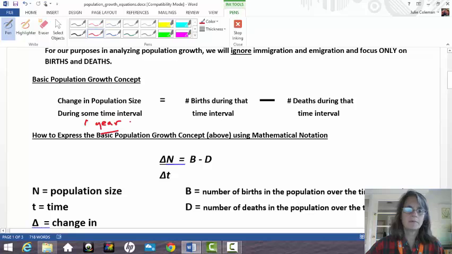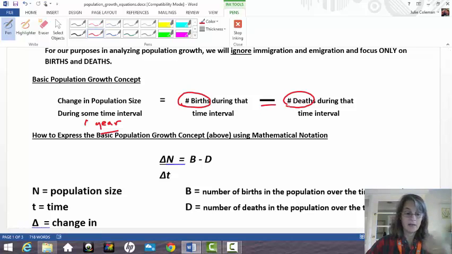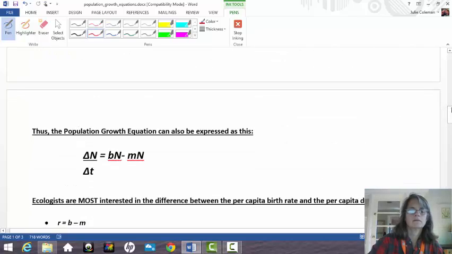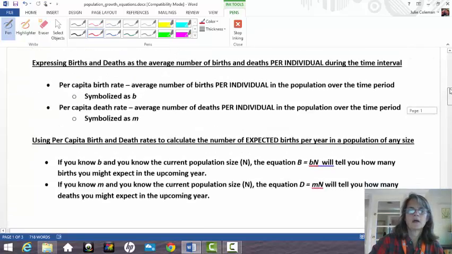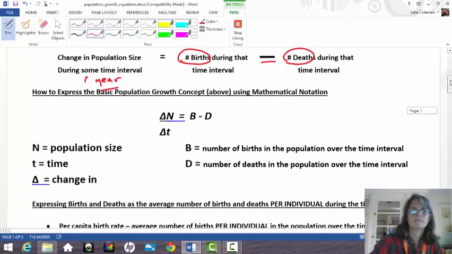So change in population over some unit of time is going to basically boil down to how many births you had during that time interval minus the number of deaths you had during that same time interval. So if it's over a year, how many were born, how many died, and that's going to give you your change in population size.